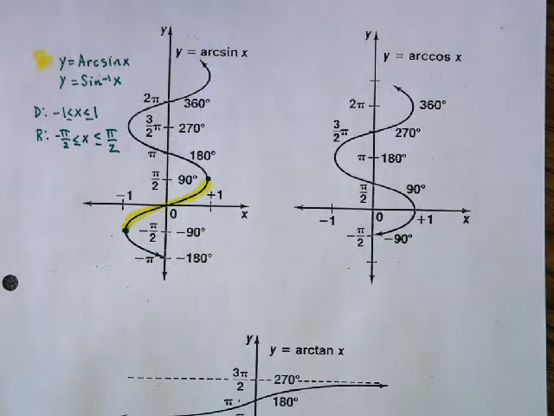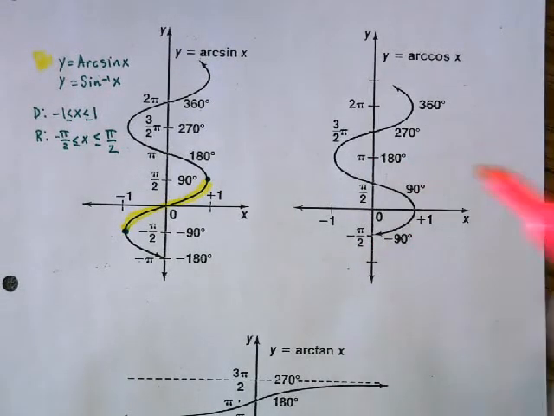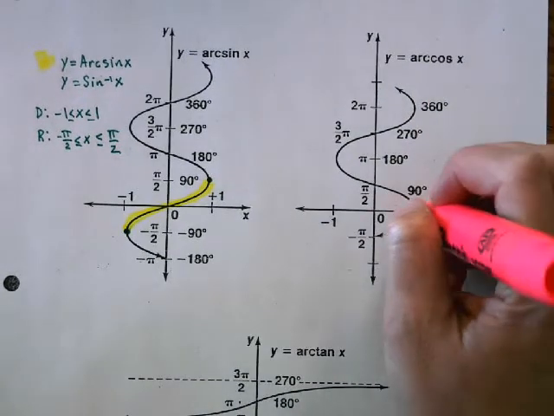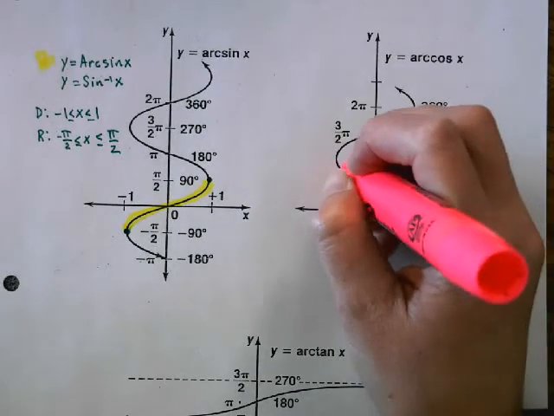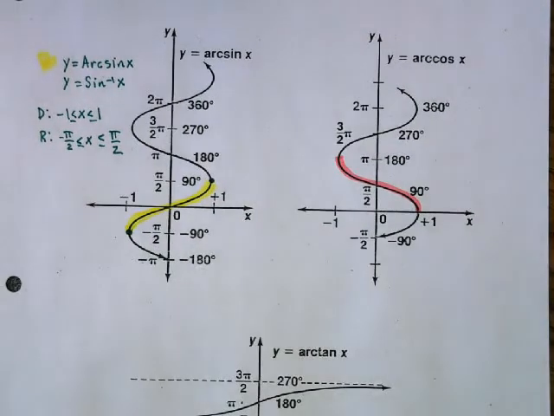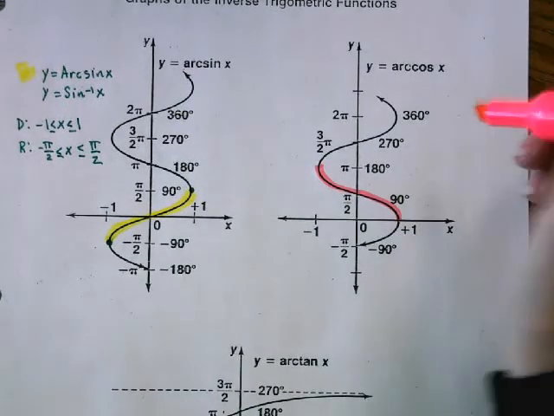All right, so now we're going to do a similar thing with cosine. But with cosine, I can't highlight from negative π/2 to π/2 because that wouldn't be a function. There's a pretty natural selection, which would be from here to here, so from 0 to π.